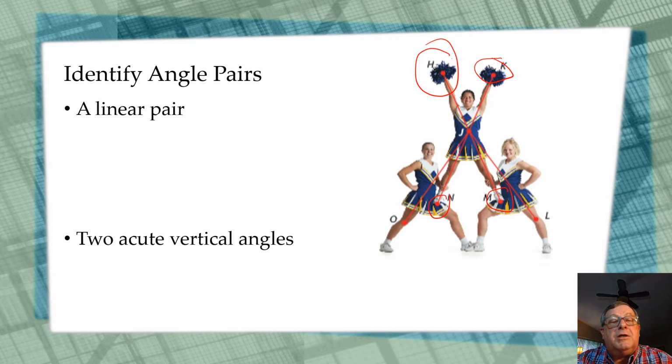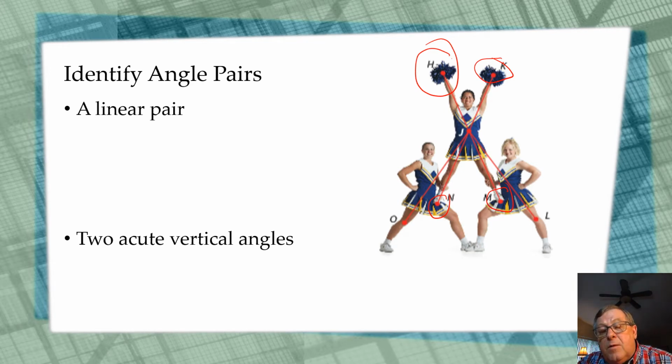Now, when we're looking to identify a linear pair, there's actually six, I think. 1, 2, 3, 4, 5. Yeah, there's six linear pairs here. I'm going to name a couple of those, and I'll list the other four, but you may want to take a look and see if you can find the other four yourself.